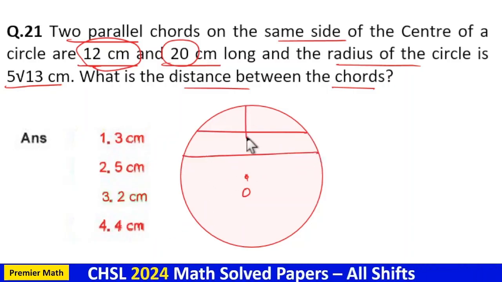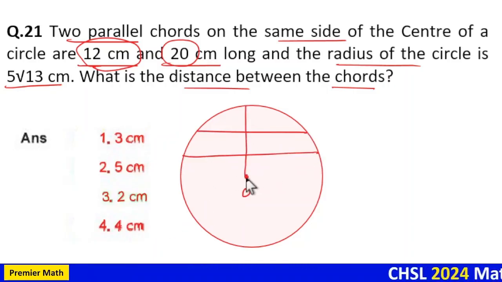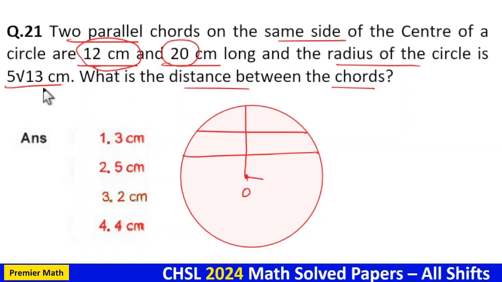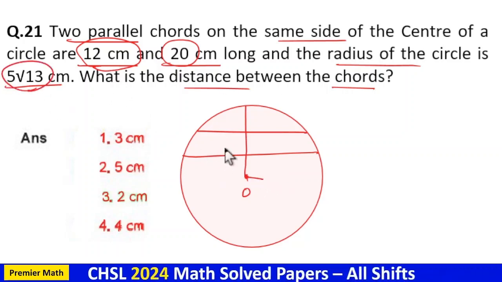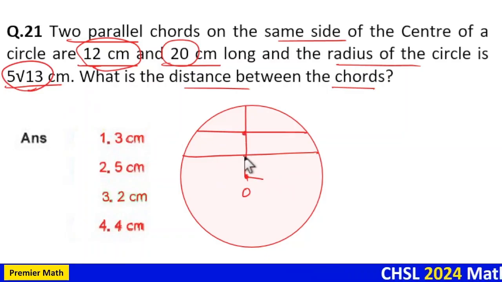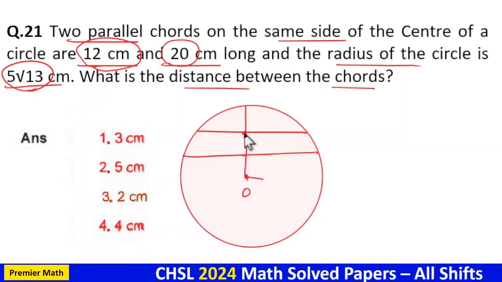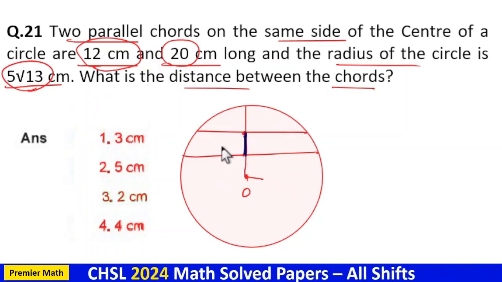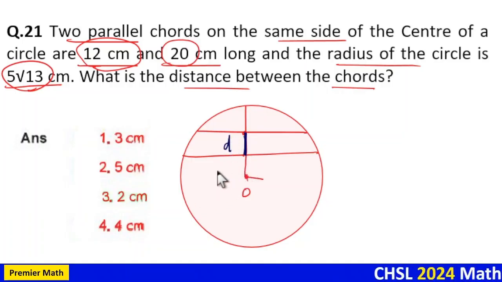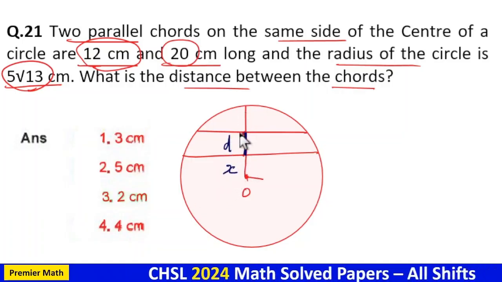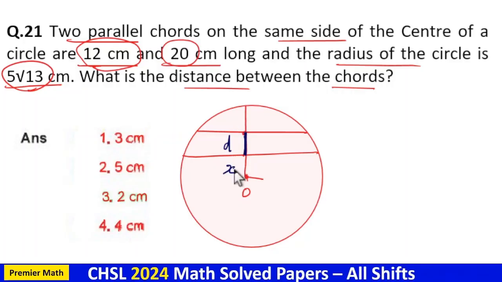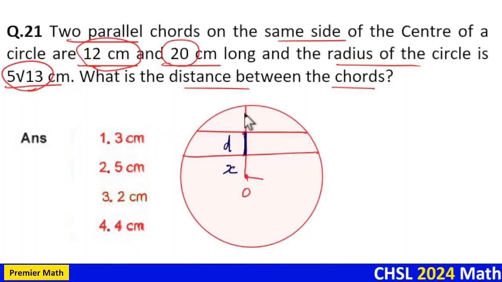Now we have radius here. Radius is equal to 5 root 13 cm. Now we have to find the distance between these two chords. That is this distance. I'll take it as D. Now we have x here. Now this is 5 root 13 cm total radius.